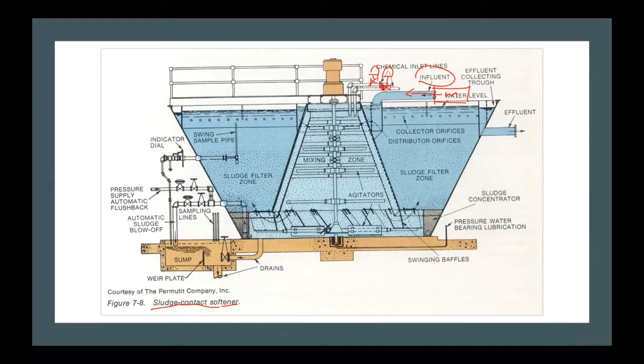One of those is going to be coagulant, another one is going to be flocculant. There's going to be more, of course, some lime being fed in a slurry. And if we've got permanent hardness, we're going to add soda ash.